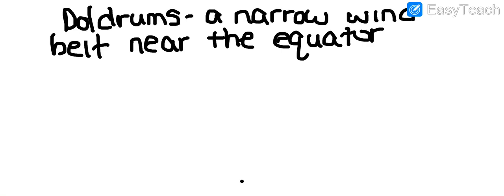All right, doldrums are a narrow wind belt near the equator with very light, calm winds.